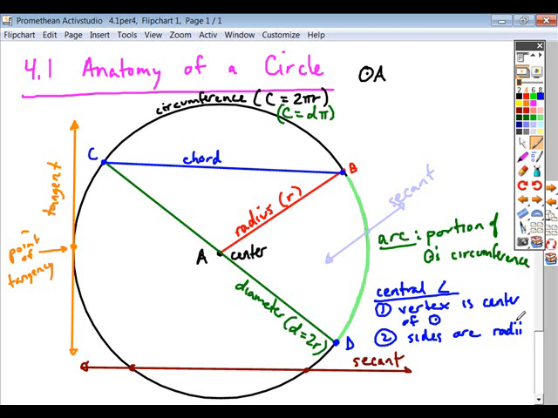And so if we look at this angle BAD, angle BAD has a vertex at the center of the circle, and its sides are radii of that circle. So this is considered a central angle. This central angle intercepts arc BD. Intercepting an arc means that the arc lies in the interior of that angle. So arc BD is enclosed within the interior of angle BAD.